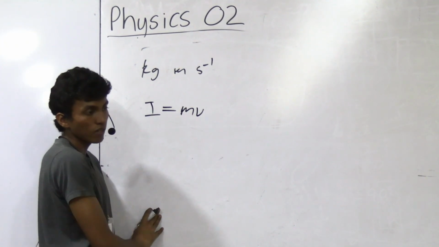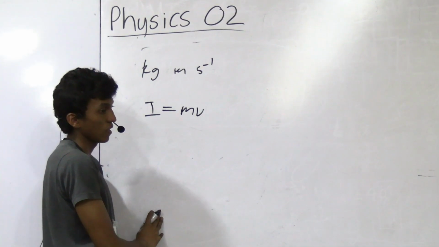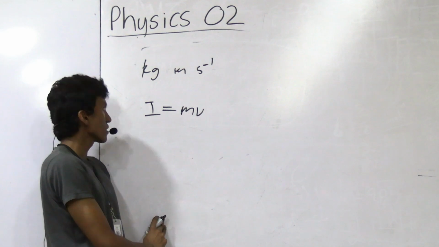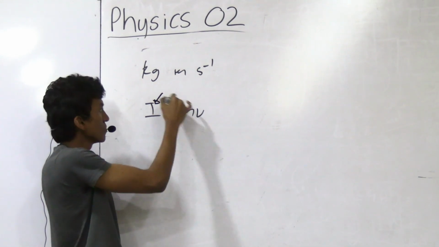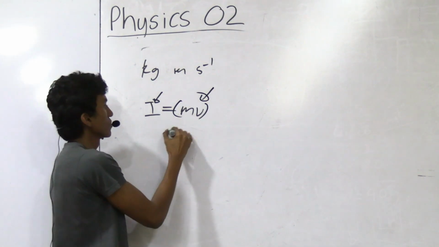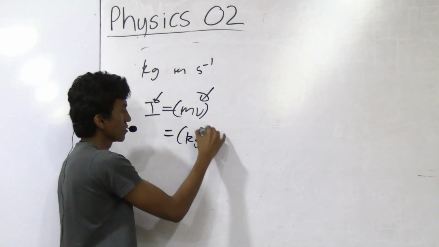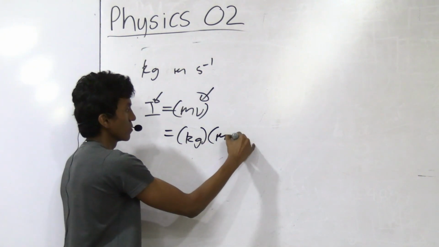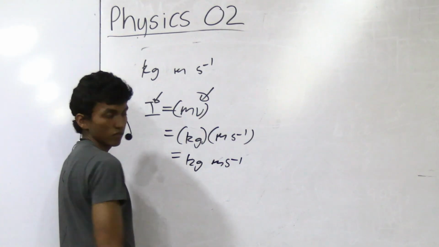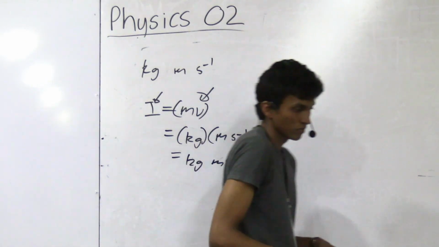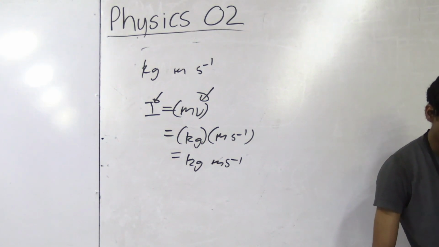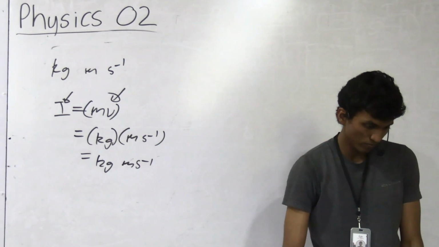The same principle as the question I did before, where I used F equals ma. Same thing here. Since this is momentum, the units on here should simplify to momentum. So for mass, it's kilograms. For velocity, it's meters per second. The answer is kilogram meters per second. Answer number 2. Oh no, answer number 1.